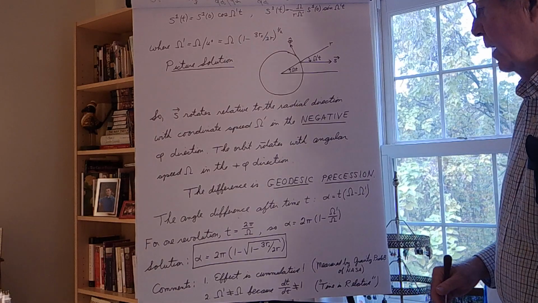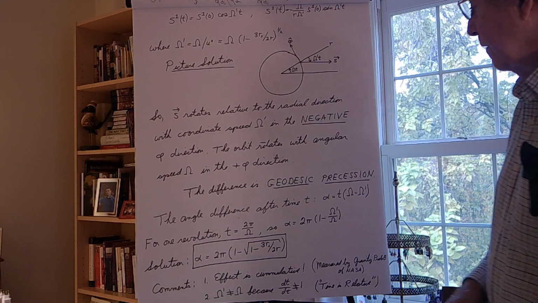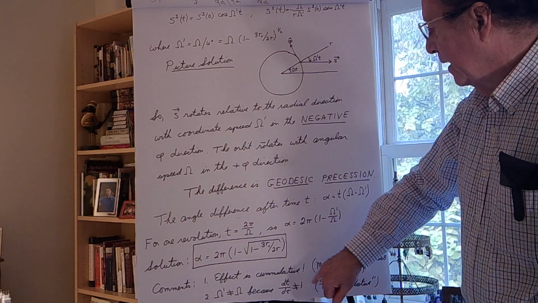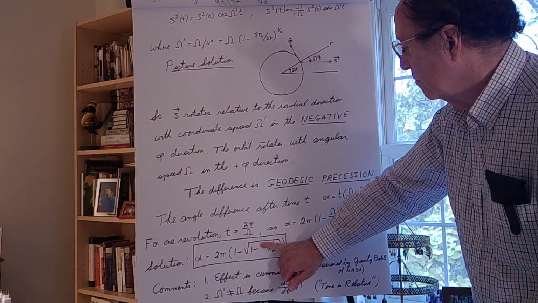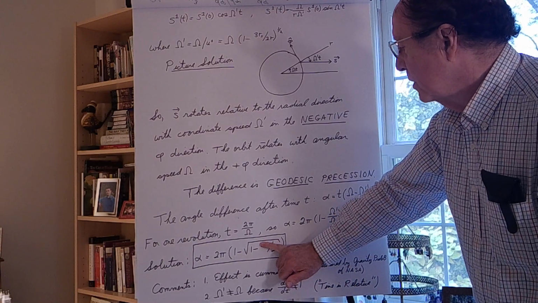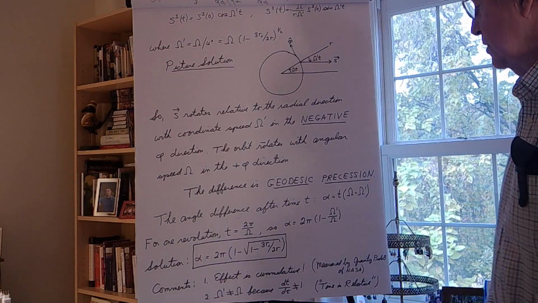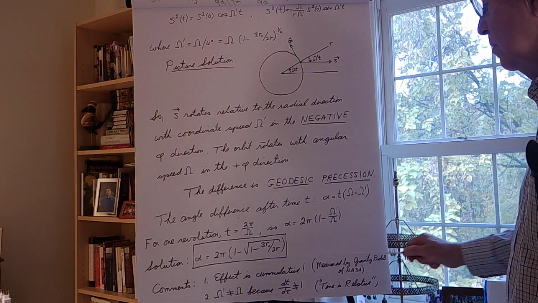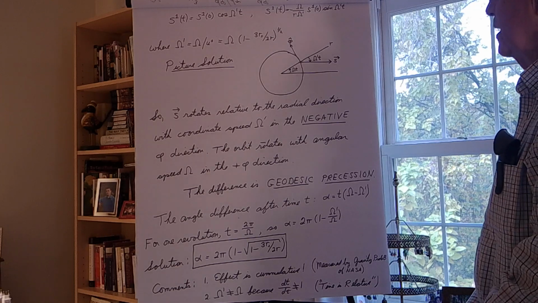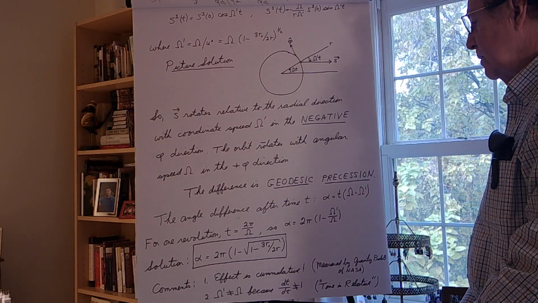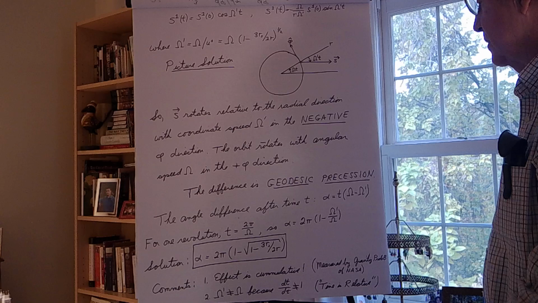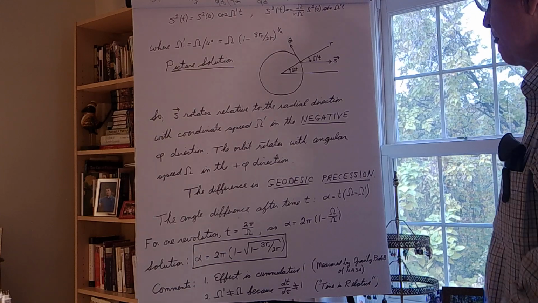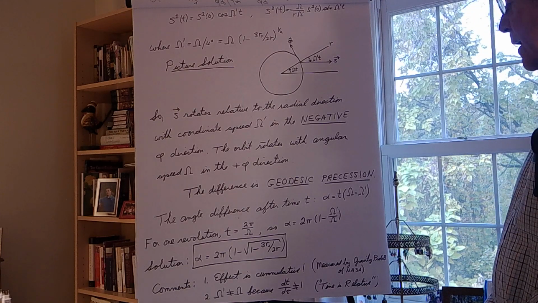So I see, for example, if I had Newton and the Schwarzschild radius goes to 0, then of course alpha is equal to 0. Another way of saying that is that this square root is just the ratio of the observer's time far away to the proper time on the rotating body.